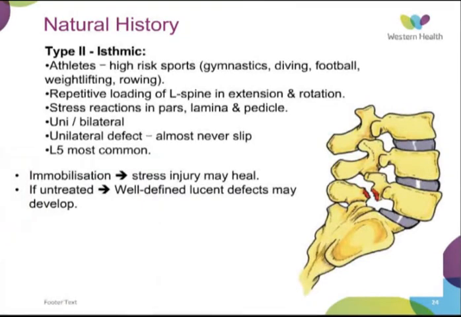In type 2, the isthmic type, as I said, common in athletes with high-risk sports, where there's repetitive loading of the lumbar spine in extension and rotation. You get stress reactions in the pars, the lamina and the pedicle. It can be unilateral or bilateral, so both of the pars on each side can be affected.